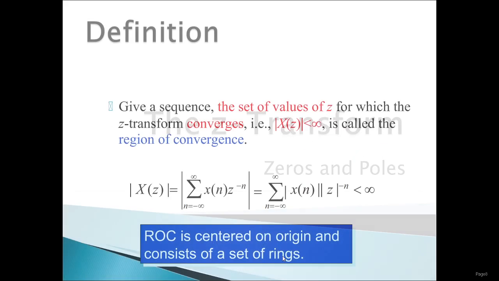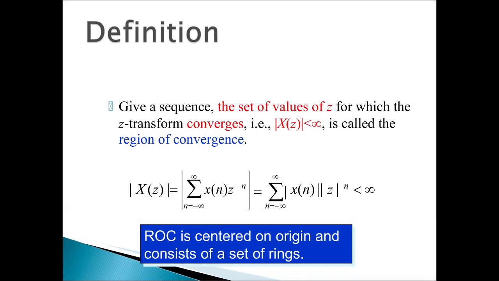Then the z transform zeros and poles. Just now I have explained that the ROC is centered on the origin and consists of a set of rings. In the case of Laplace transform, we had either rectangles or squares for the region of convergence, but in the case of the Z transform, the ROC is centered on the origin and consists of a set of rings.